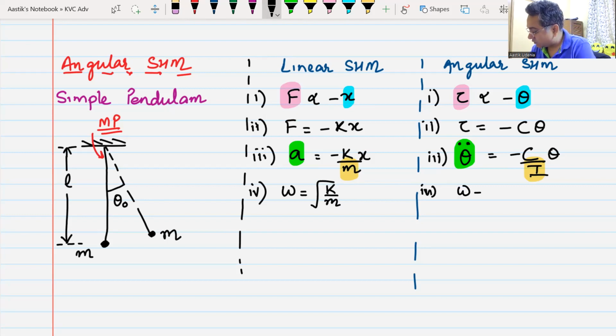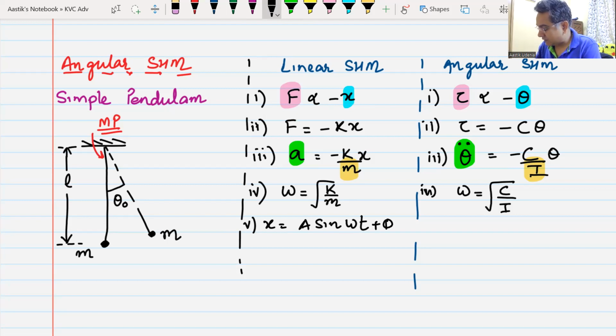Here also the angular frequency omega is given by root over c by I. Since I am using omega here for angular velocity and angular acceleration, I will use theta dot and theta double dot. Number 5, x is equal to a sine omega t plus phi.